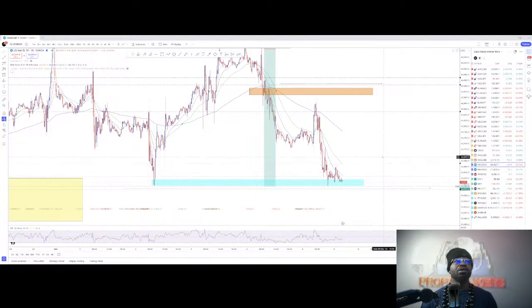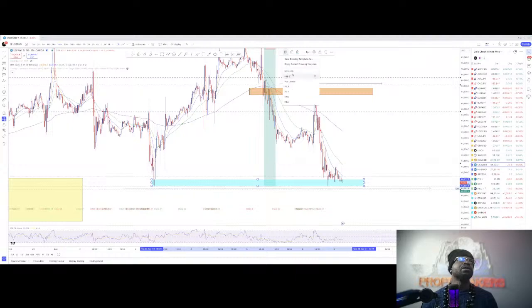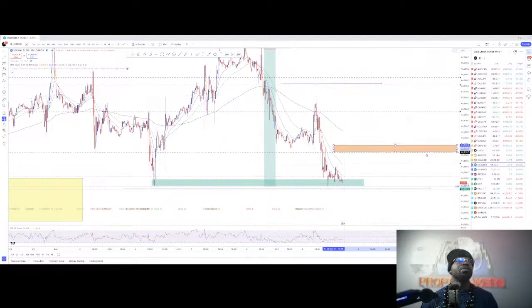So we got those alerts set right here. So this, for right now, will be a key level. This was already played. That was our added entry.